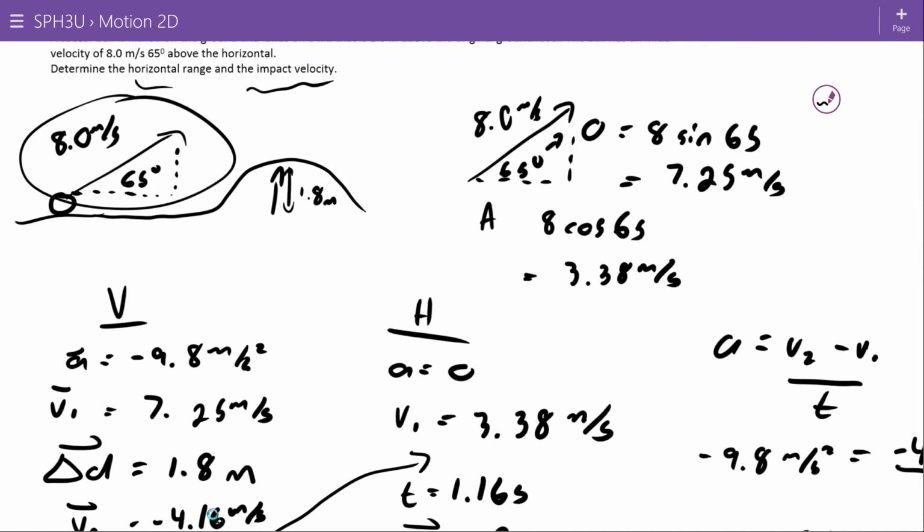And it doesn't work out to be that way in this case. If you recall the last video, it didn't work out that way either. The trick to that is that the impact velocity is only the same as the initial velocity when the projectile returns to the same height that it took off from.